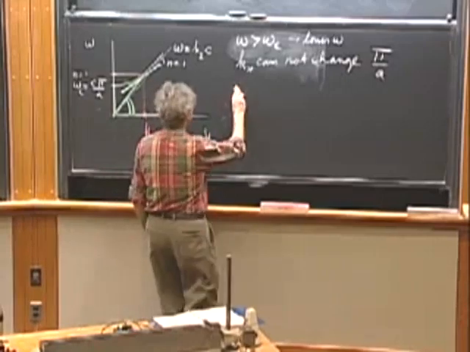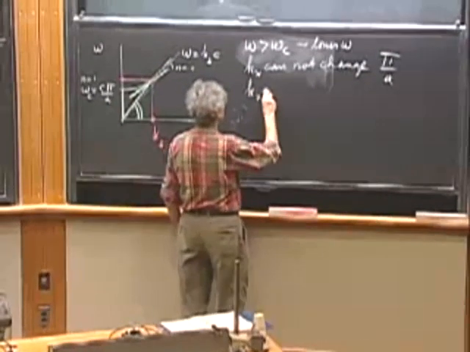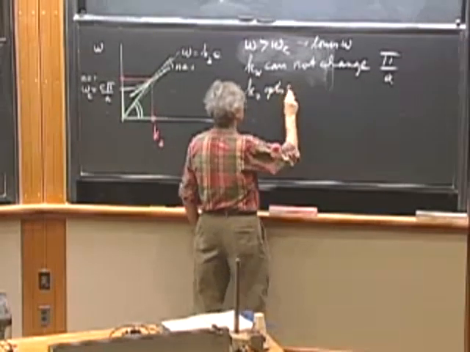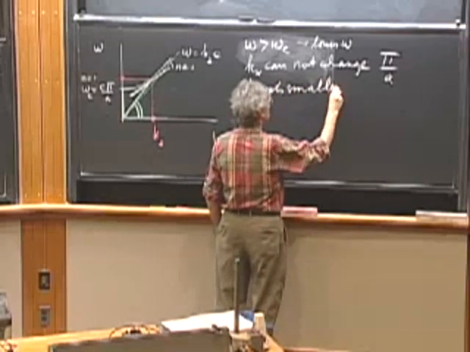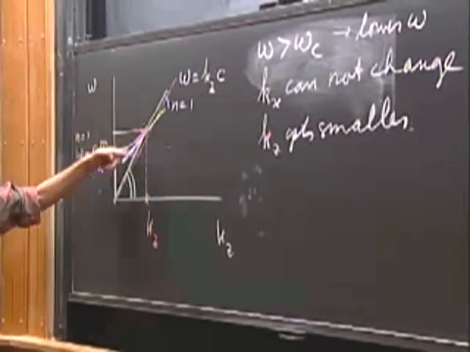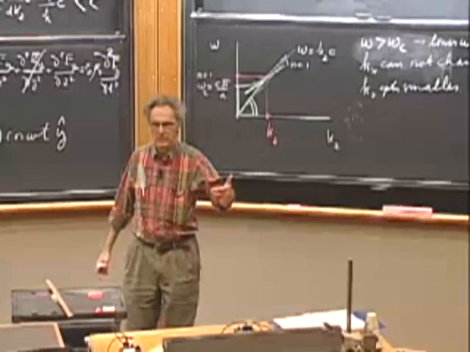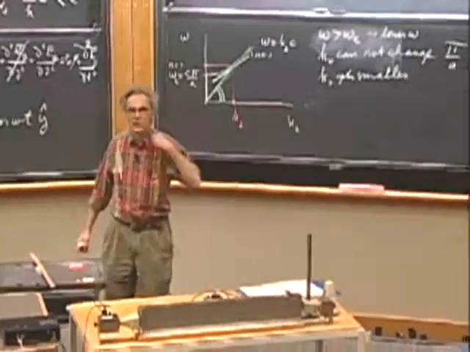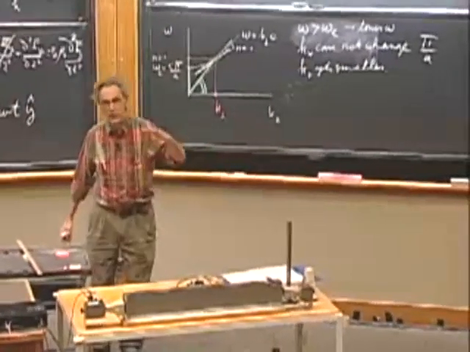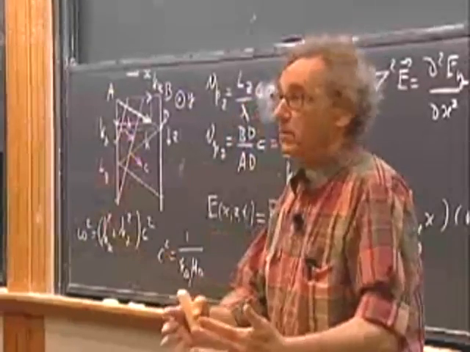Therefore, kz gets smaller. You're going down this line, and the kz gets smaller. Omega is always k times c. So clearly, if omega comes down, k must come down.